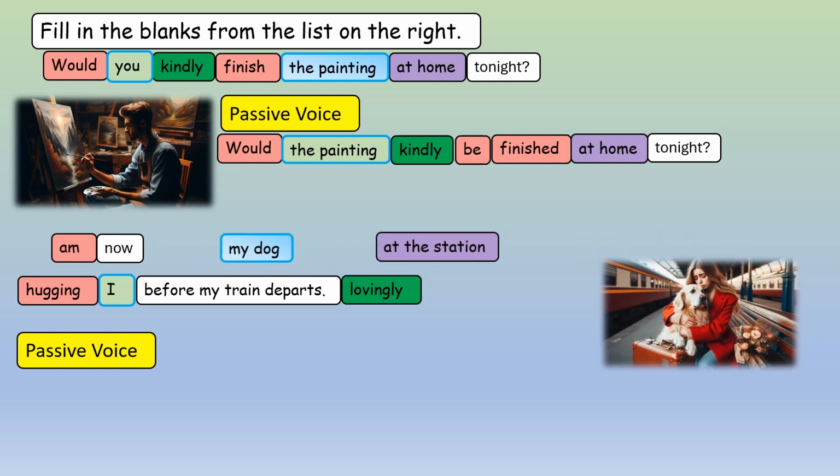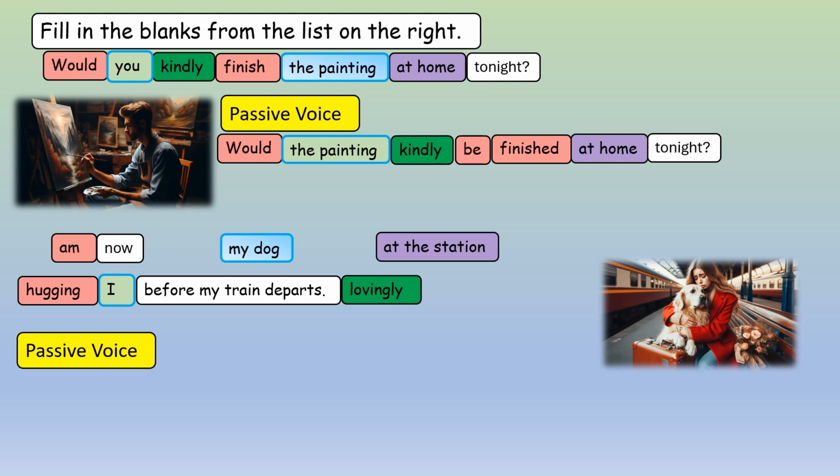Let's take another example. There's a girl sitting here at the train station and she's hugging a dog. So let's see what this is going to lead to. So am now, there's a gap in front of am, something is missing there. Am now, there's a gap, then my dog, then a gap again, then at the station, and there's something missing at the end also.